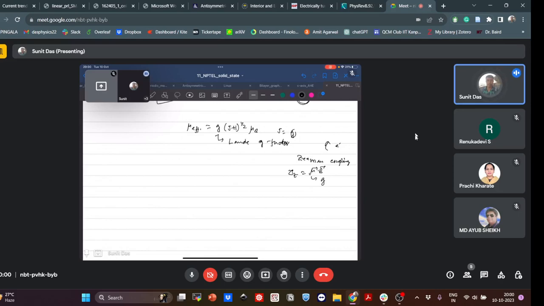So as g increases, the coupling strength or the Zeeman coupling energy also increases. It represents how strongly the electrons couple to the external magnetic field B. So, in a simple way, this is the effective magnetic moment.